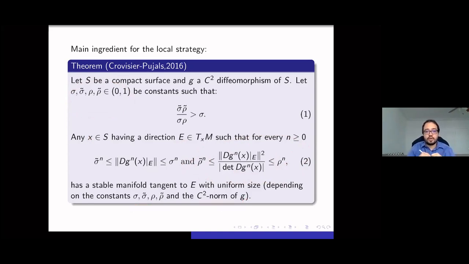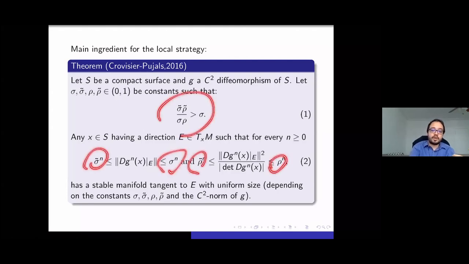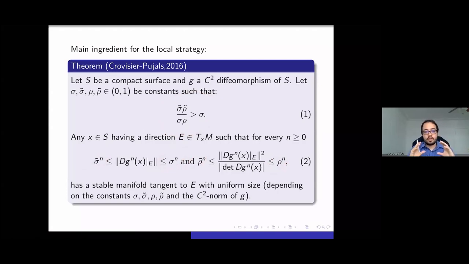Okay, so it allows you to construct stable manifolds tangent to some direction at some point for the diffeo with uniform size depending on some quantities. And there is some numerical condition to verify. Okay, so let me go to this numerical condition and let's try to see what this would represent in our setting.